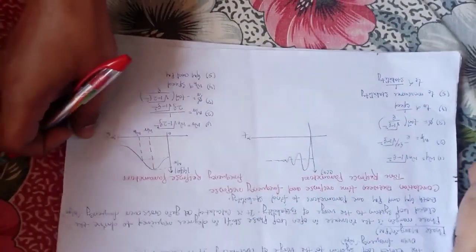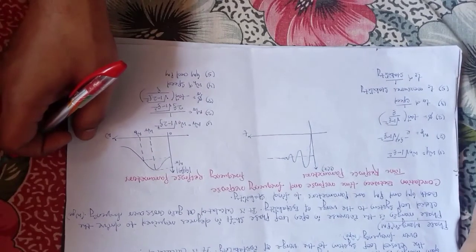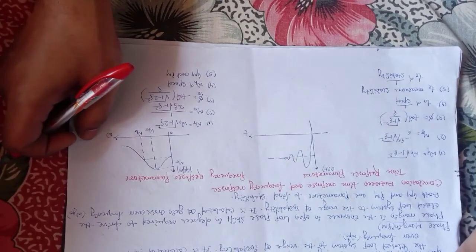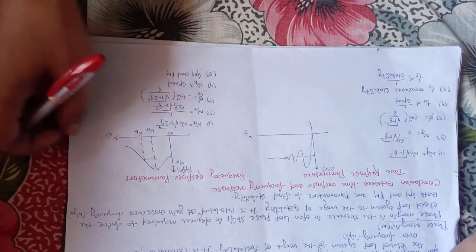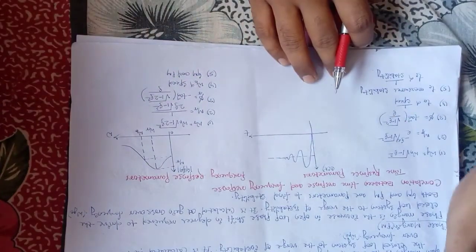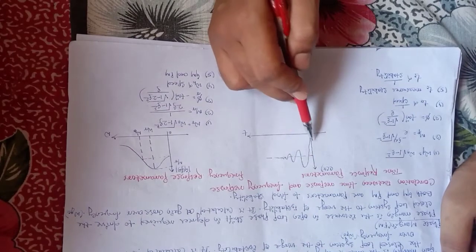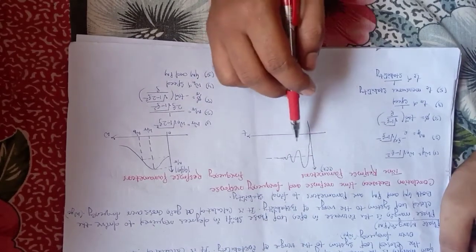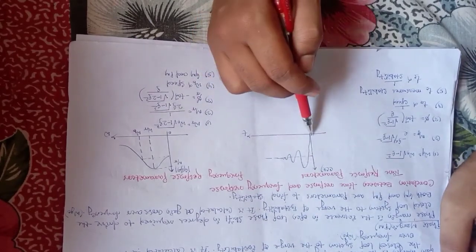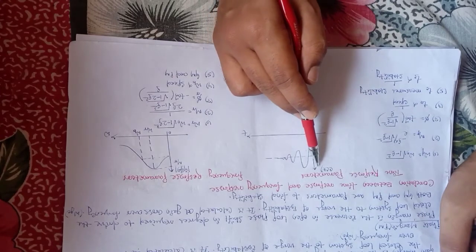Then the next topic is correlation between time response and frequency response. That means how time response specifications or parameters and frequency response parameters are correlated. In time response, this graph we have already derived, that is the unit step response of a second order system.